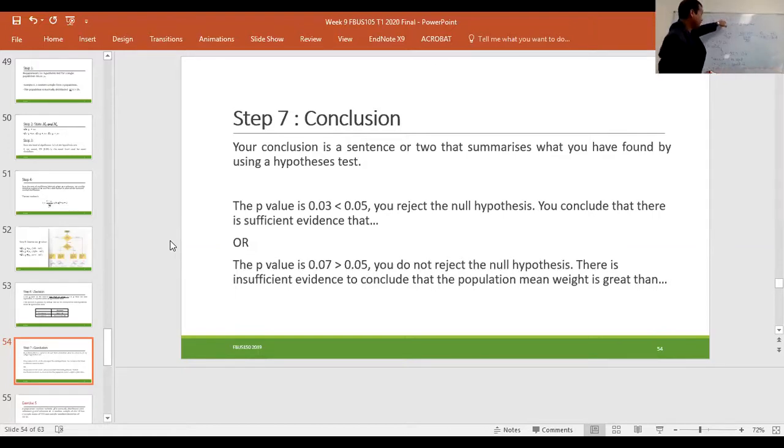So what kind of conclusion will you make? There is sufficient evidence in favor of this, that the mean value is not equal to how much?